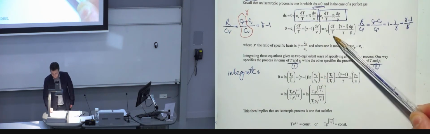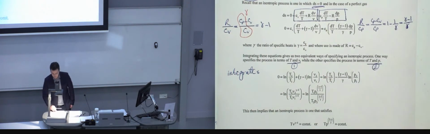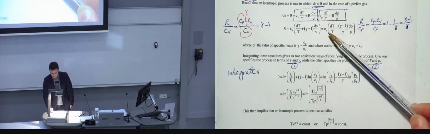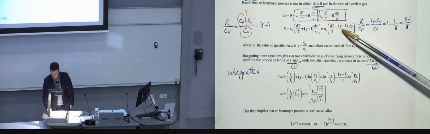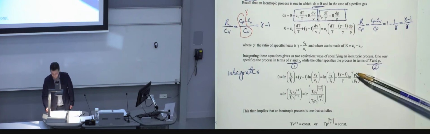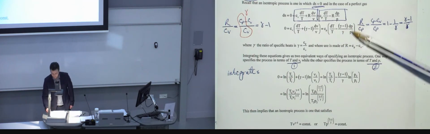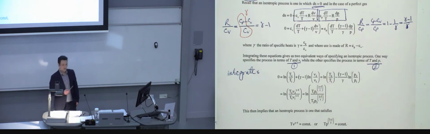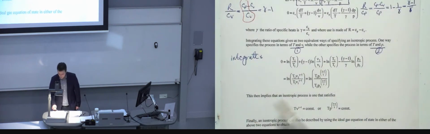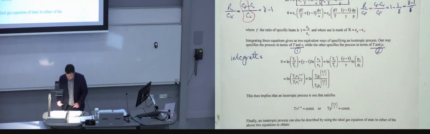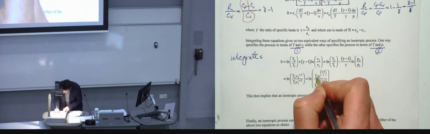On the right-hand side, forget about CP now, because when you integrate, it will disappear. You're going to have ln T2 over T1 for this, gamma minus 1 over gamma, and you have ln P2 over P1 for this. Right? So far quite easy. Then, by the way, there's a typo here. This should be T2, and this should be T1.